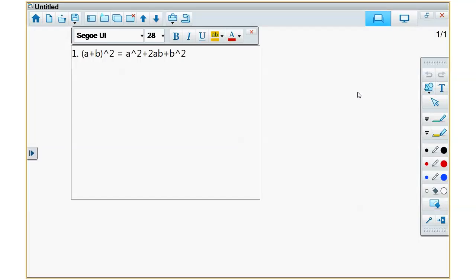Okay? And the same thing for the second one, only there's a sign change. A minus B quantity squared is equal to A squared minus 2AB plus B squared.